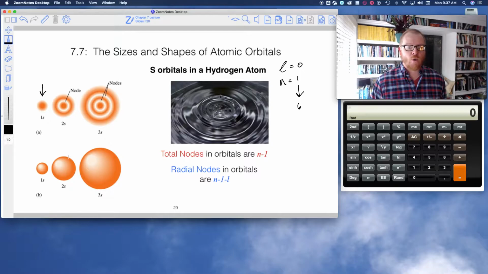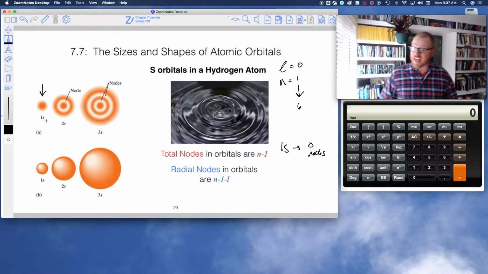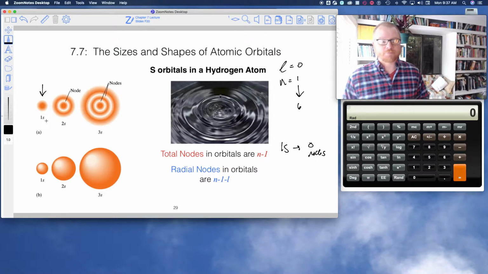Okay? So we have these two equations here that we're going to talk about. So total nodes are n minus 1. So that means 1s has 0 nodes because 1 minus 1 is 0. So an s orbital is literally just a sphere, okay?